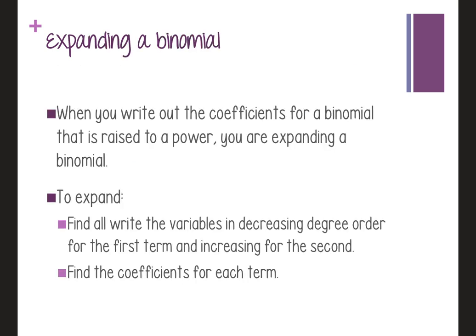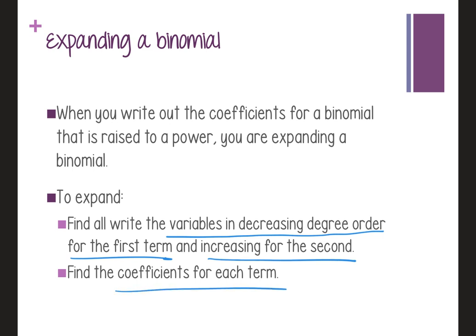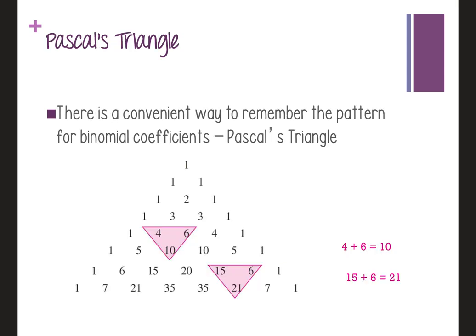So when you write out the coefficients for a binomial that's raised to a power, it's called expanding. To expand, we're going to write all the variables in decreasing degree order for the first term and increasing for the second. And then we're going to find all the coefficients for each term using what's called Pascal's triangle, which I'm going to pull from the end of. This is called Pascal's triangle, okay?